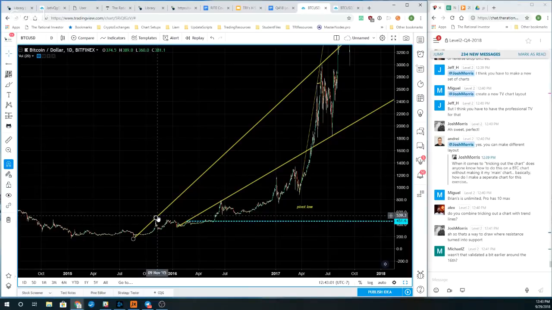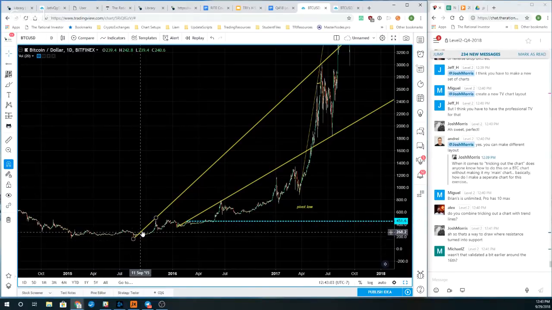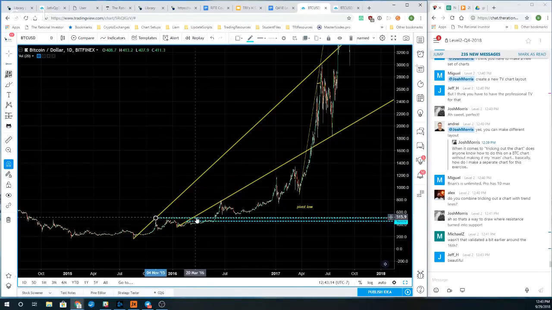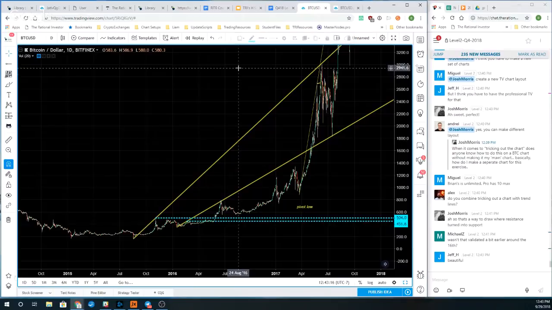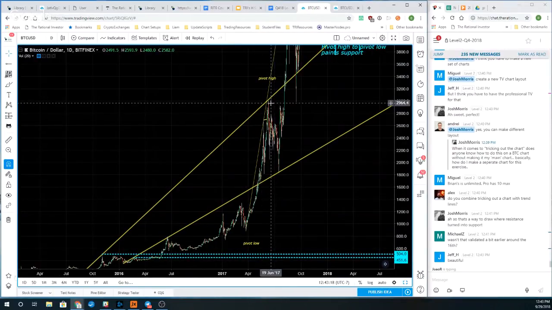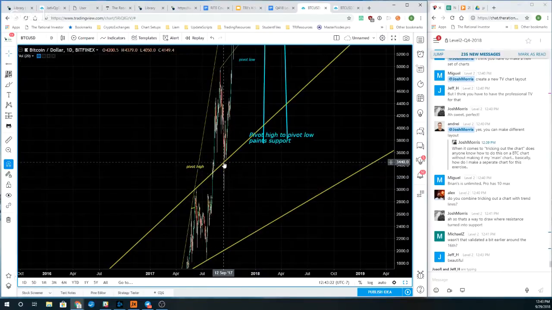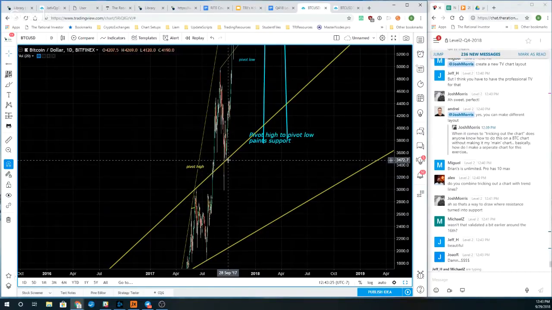Low to high, pivot low, pivot high, broken and validated right here. Right there, validated resistance. And the interesting thing about this is this line even played a role there.